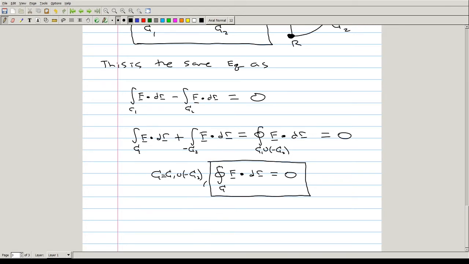Or the circulation over this closed curve is going to be 0.